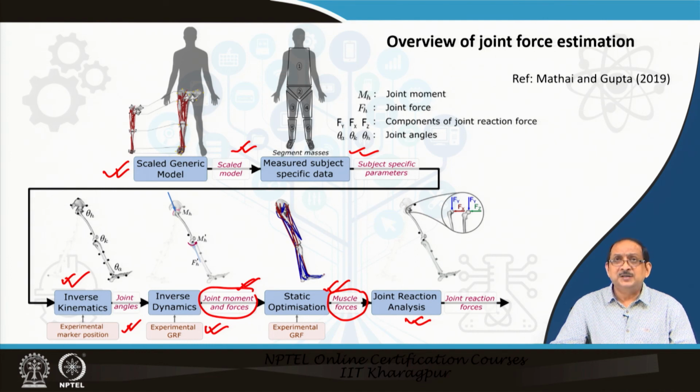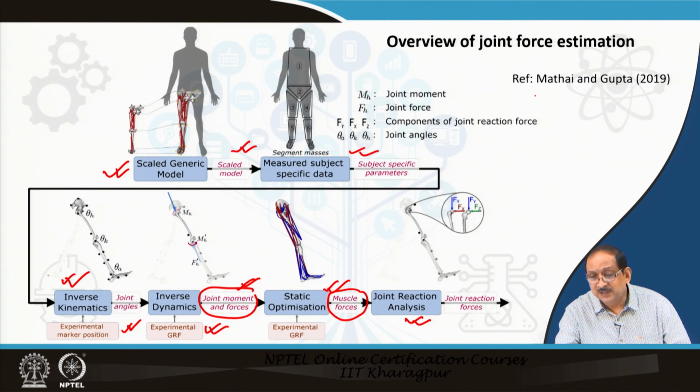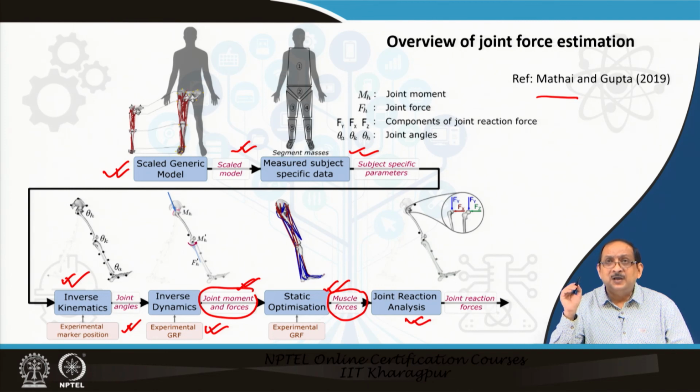Now, this is a study by one of my PhD student, Basil Mathai, and the study has been published in Journal of Engineering in Medicine, in the proceedings of IMECHE Part H. Now, in this study, we actually evaluated the efficacy of few eminent musculoskeletal models regarding estimation of the hip joint reaction force.